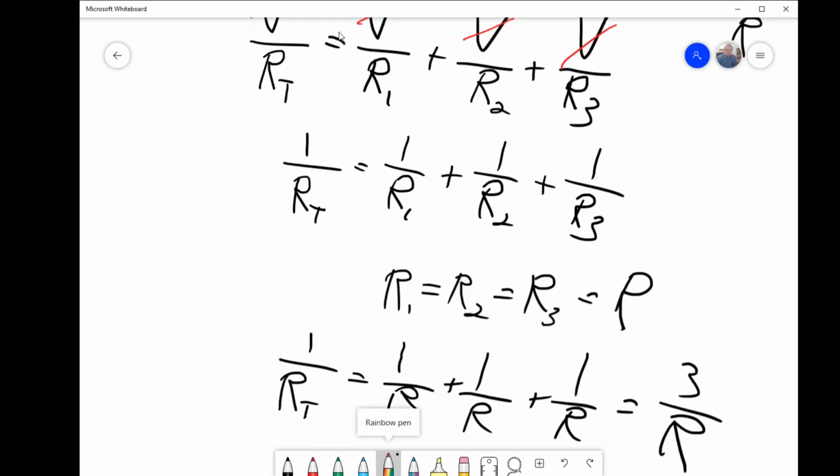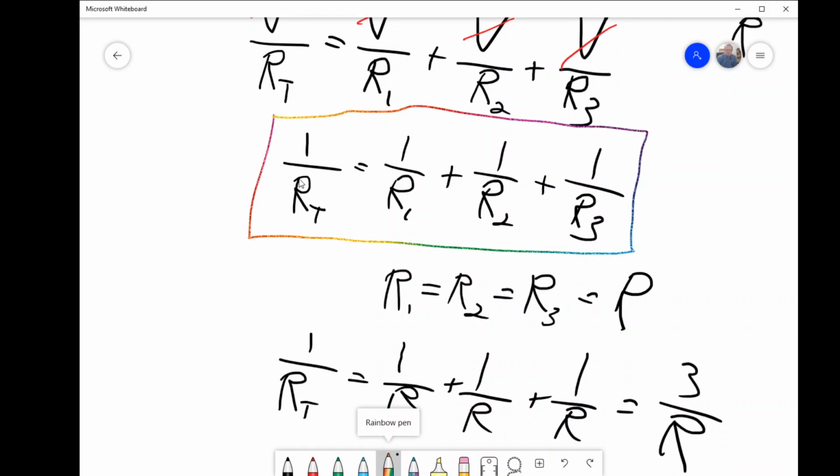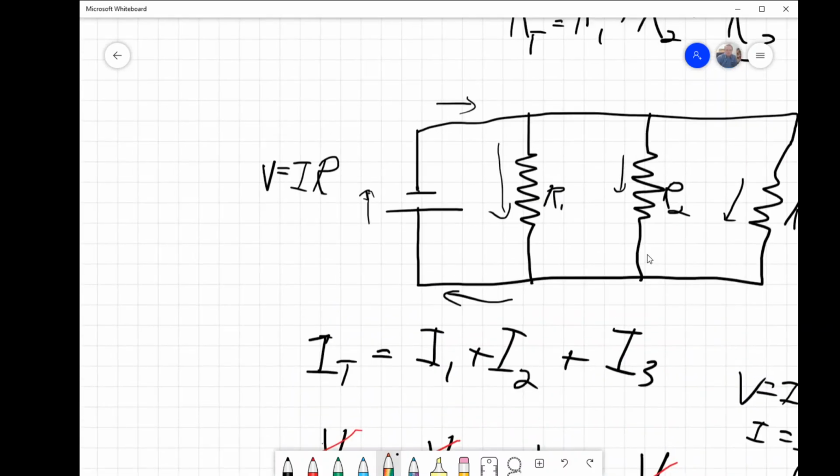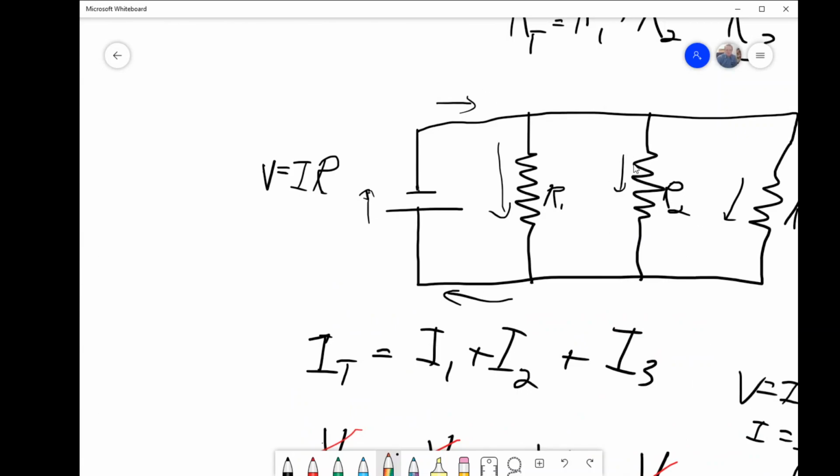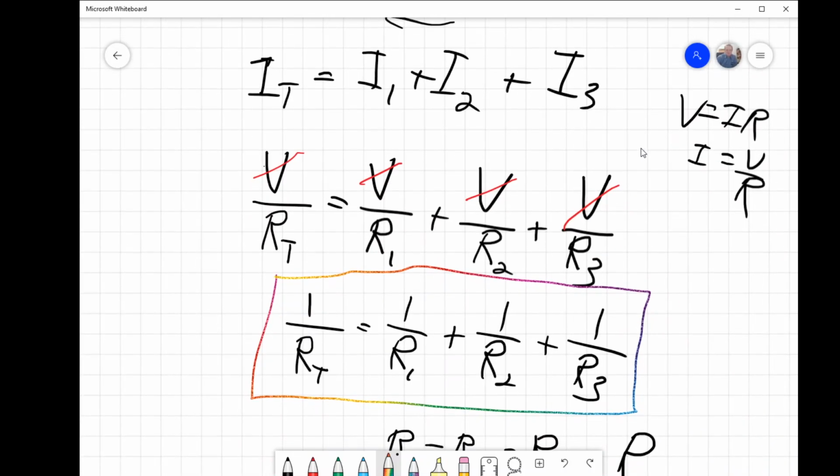This one right up here, saying that the total resistance in a parallel circuit is given by saying the reciprocal of the total resistance is the sum of the reciprocals of the other resistances. And if you have more than one resistor in a given branch, well, you treat those two like they're in series and the rest like they're in parallel.